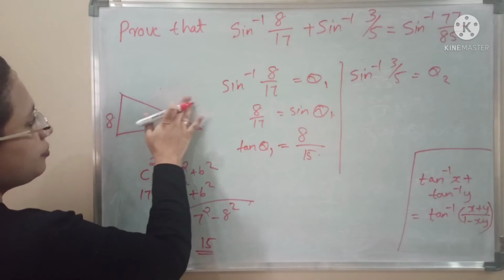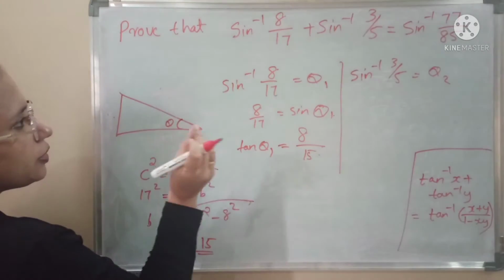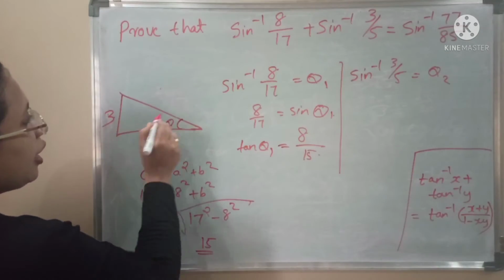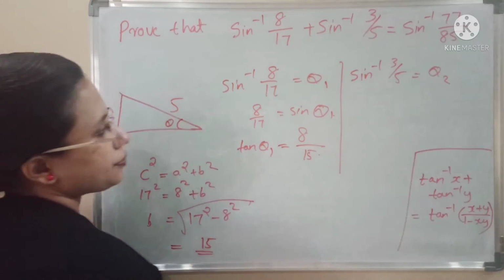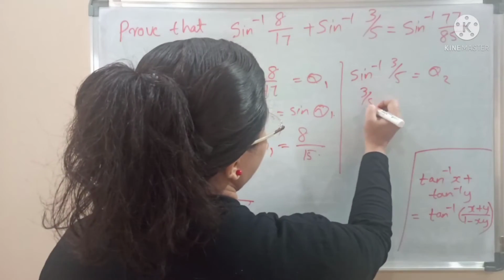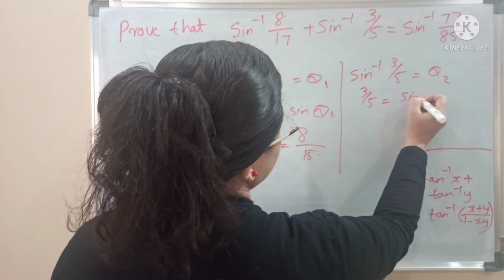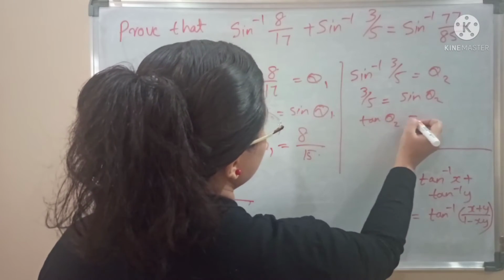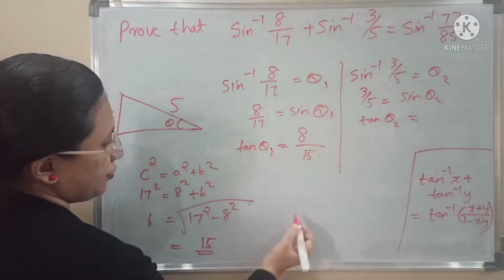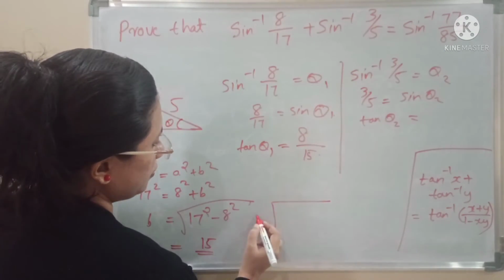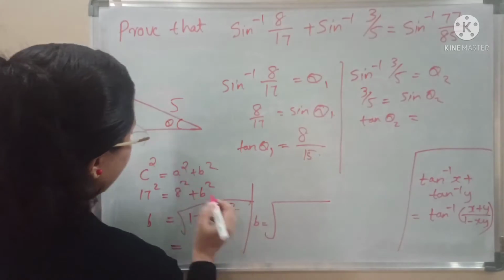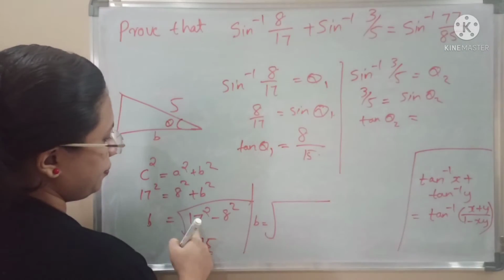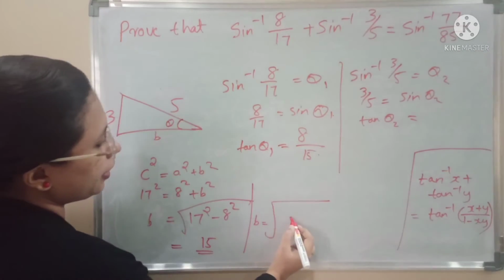So here the opposite side is 3, hypotenuse is 5. 3/5 will be equal to sine theta 2. So tan theta 2 will be, this b value will be root of, hypotenuse is 5, right?